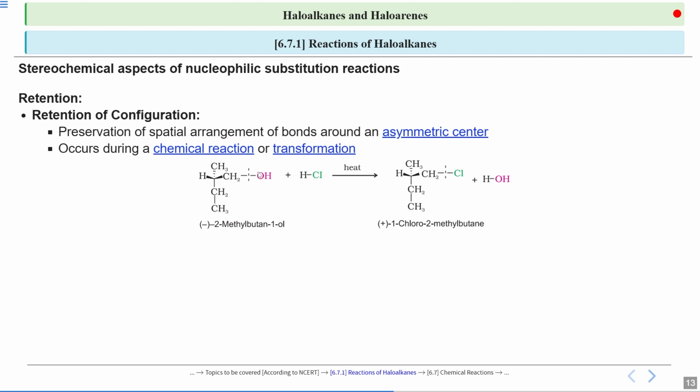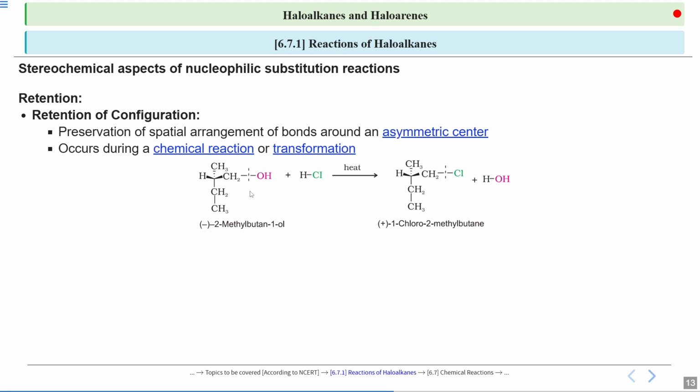At the very first carbon we have a hydroxyl group attached, at the second carbon a methyl group, then the third carbon and the fourth carbon. So a four-carbon chain, butane. 2-methylbutan-1-ol: at the first carbon we have the hydroxyl group, and the negative sign represents the levorotatory form.